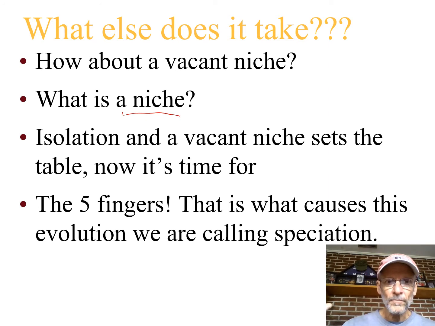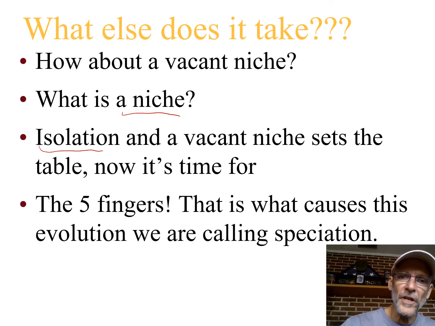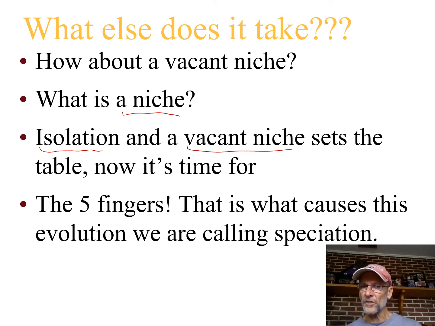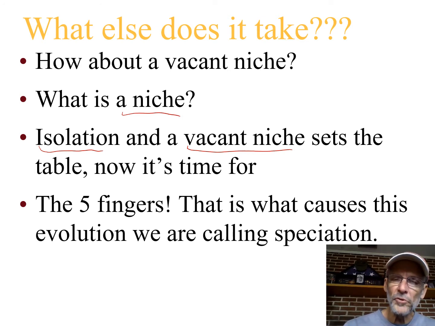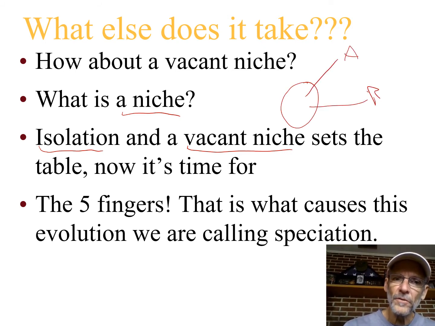So here we have the two table setters. Remember, we had table setters for the natural selection process: great reproductive potential, variation, finite resources, right? Here we have the table setters for the evolution of two or more different species from a common ancestor, right?